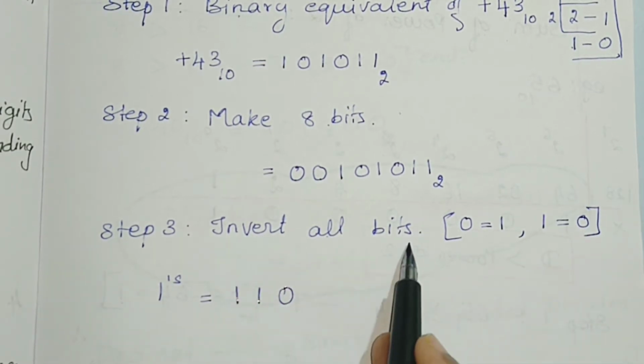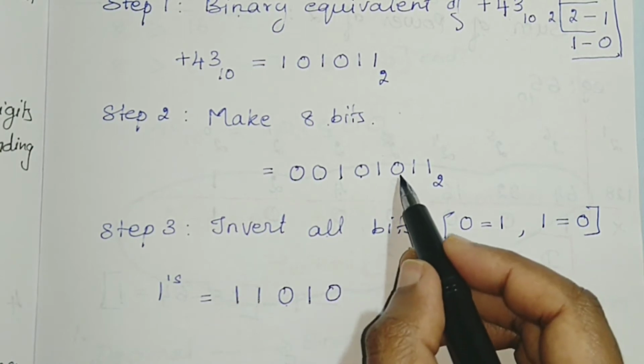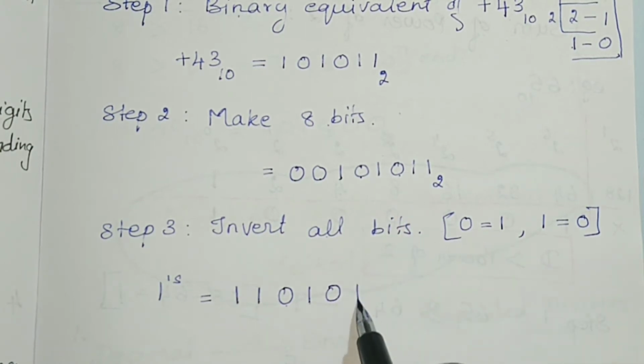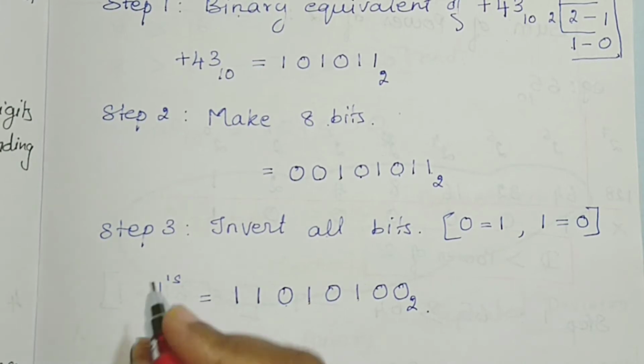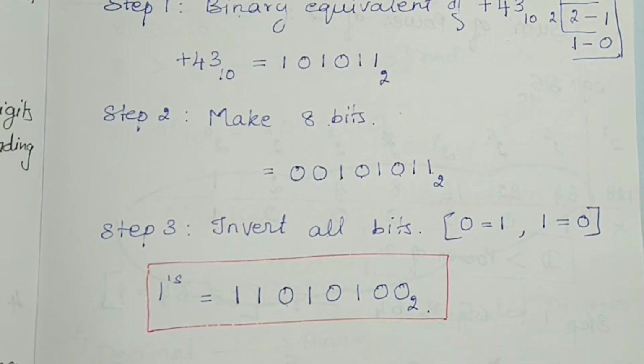So we invert the given binary number into this format. There we write 1. Now 1 is given, so write 0. The next bit is 0, so you write 1. And the continuous bits are 1, so we write 0. This is the result of 1's complement. So for a binary number, first we make it 8 bits and then we invert all the bits.